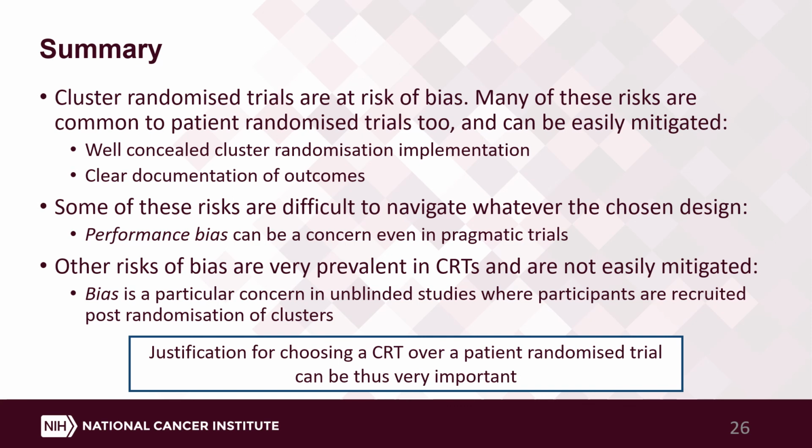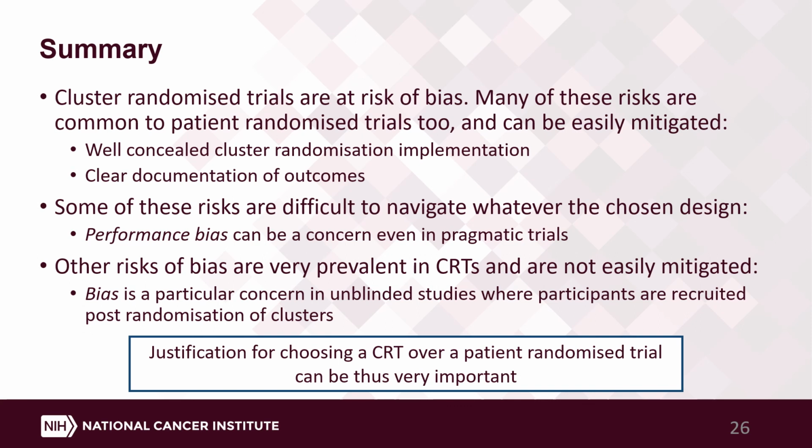Now, some of these risks of bias are difficult to navigate whatever the chosen design. Performance bias can be a concern even in pragmatic trials, and even in pragmatic trials using individual randomization. But other risks of bias are very prevalent in cluster randomized trials, and they're not easily mitigated when using a cluster randomized design.